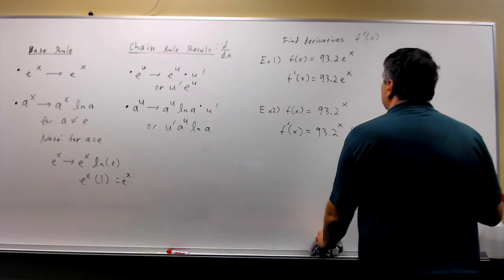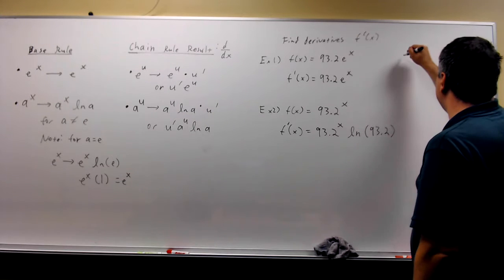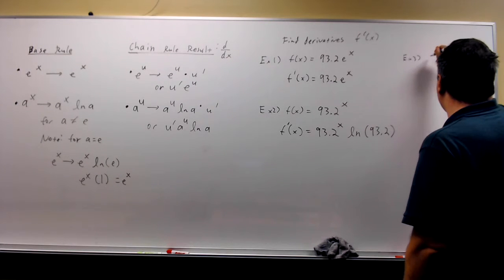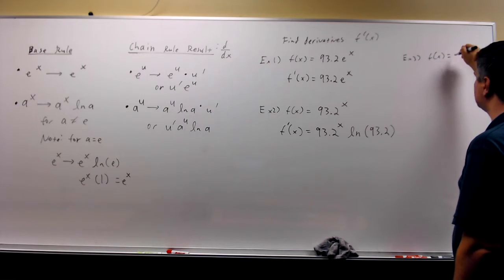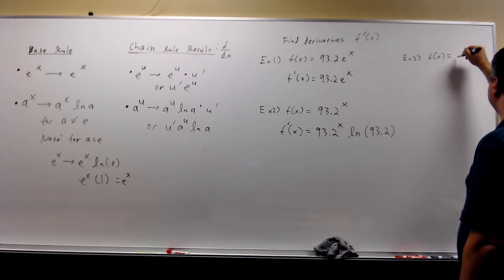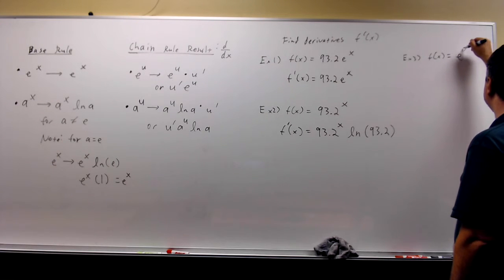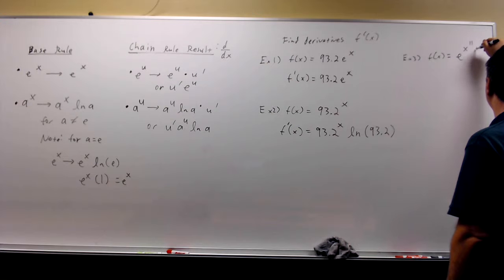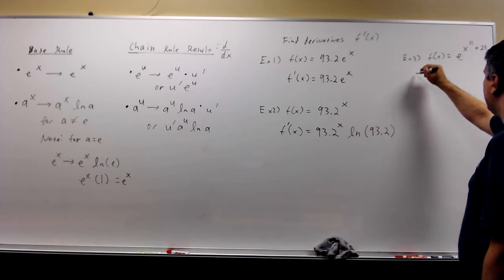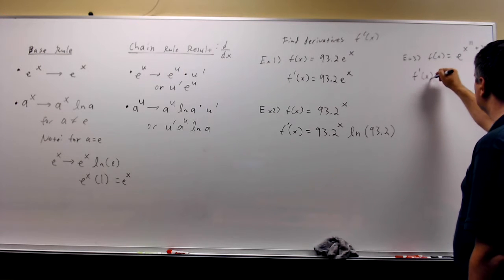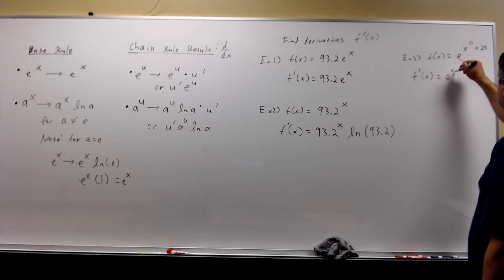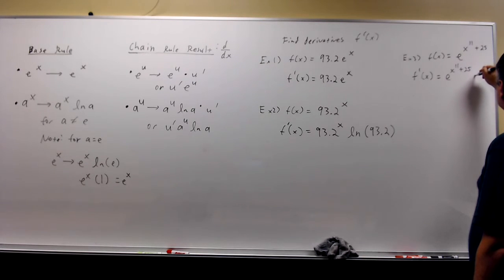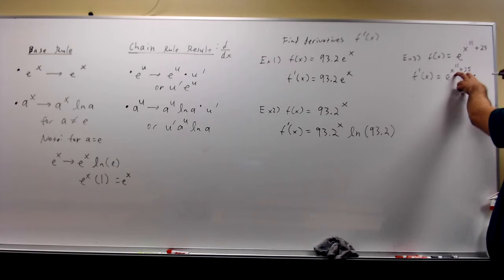So, example 3. f of x equals e to the x to the 11th plus 25. f prime of x would equal e to the x to the 11th plus 25 times the derivative of the exponent.